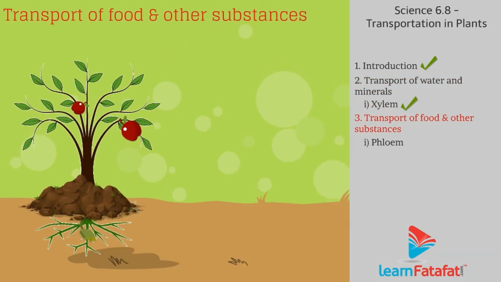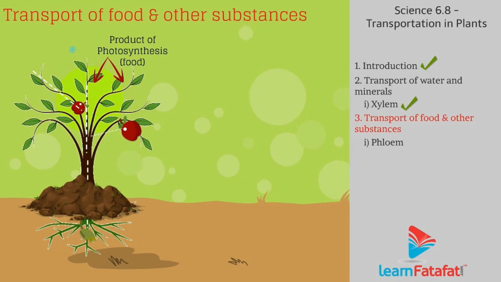Transport of food and other substances. Plants prepare their food with the help of photosynthesis. This food needs to be transported to storage organs, roots, fruits, seeds and other body parts.